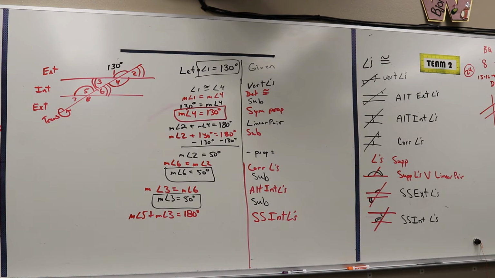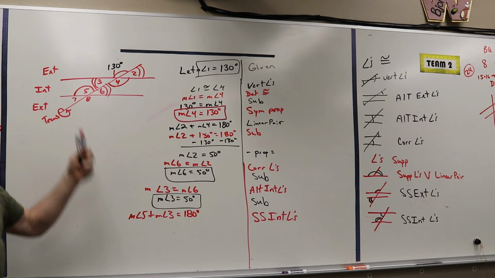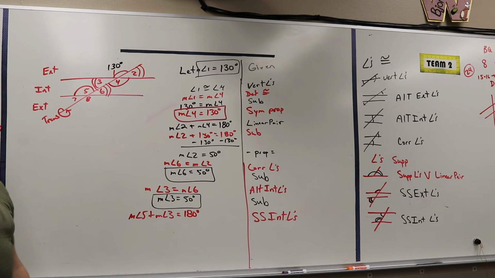I think I figured out what angle 5 is. Well, we all know what angle 5 is. It's 50. Or not, I mean, angle 7. We should all know what angle 7 and angle 8 are, but knowing the degree isn't the hard part. It's finding the properties. Back in 6th grade, we figured out what angle sizes were, but now we want to know the properties.